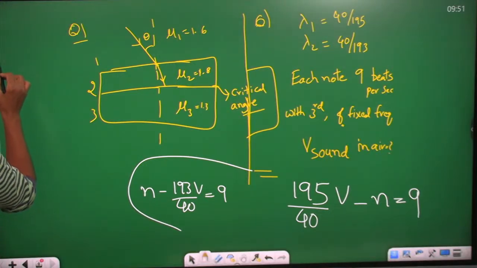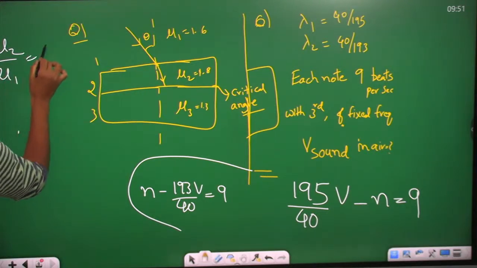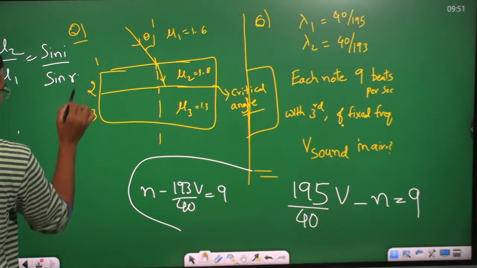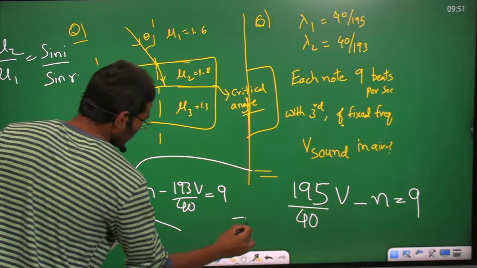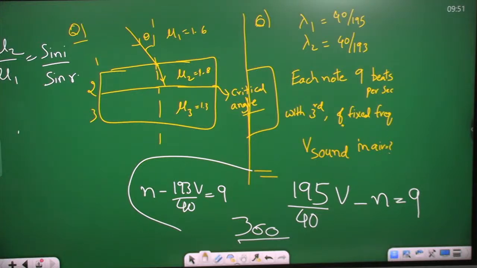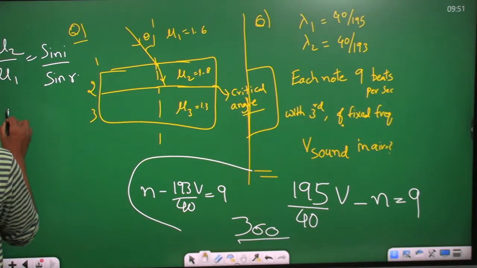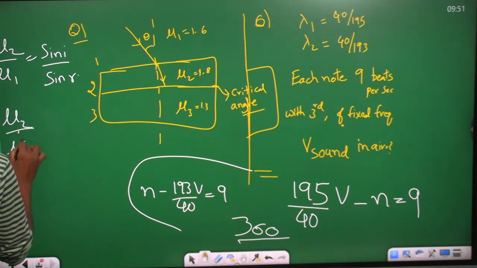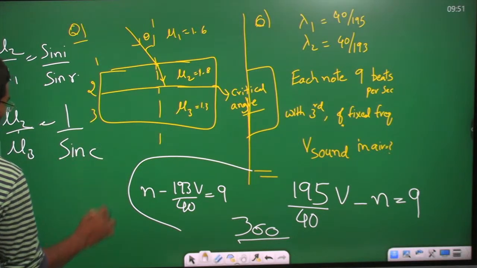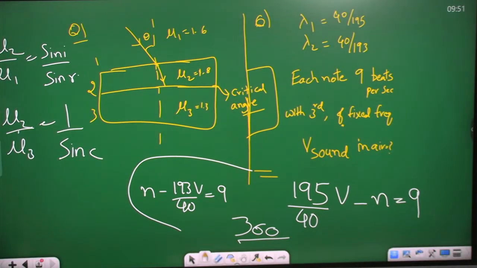See, from the figure we know that mu2 by mu1 is equal to sin A by sin R. Yes, you get something as 360. So mu2 by mu3 is equal to 1 by sin C, because the angle of incidence between 2 and 3 is the critical angle.